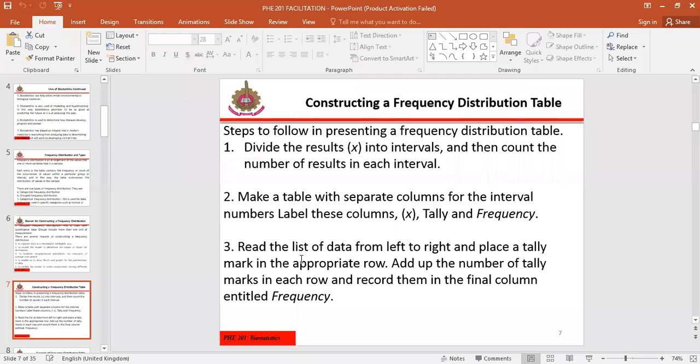And last but not the least, you read the list of data from left to right, just like I explained earlier, and place a tally mark in the appropriate row. Then you add up the number of tally marks in each row and record them in the final column, which is the required frequency that you need.